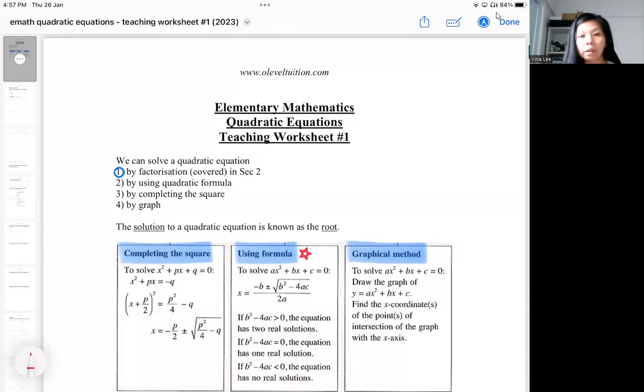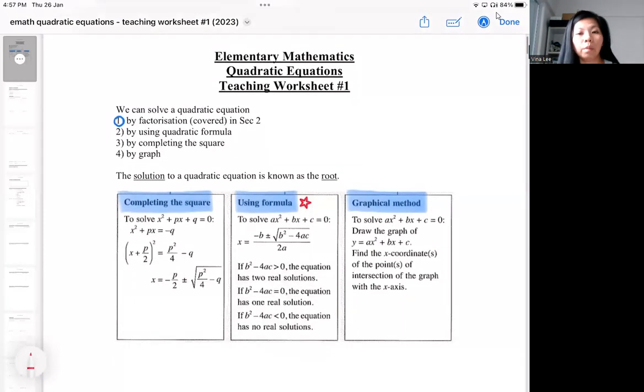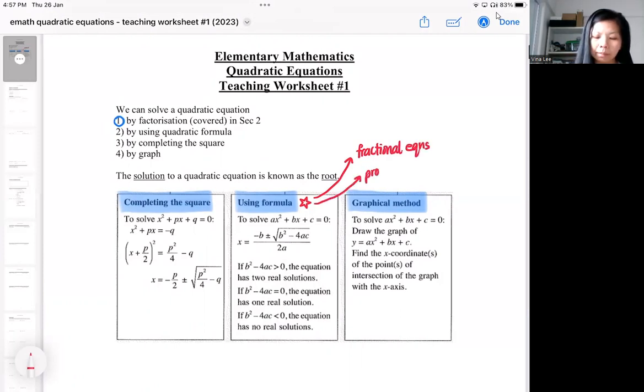If you are very okay with your quadratic formula, it will lead you to fractional equations, which we'll cover in the second teaching worksheet, and then to problem solving, which we'll cover in the third teaching worksheet. Problem solving is the one that will be a 10 marks question. So that is the importance of the quadratic formula.